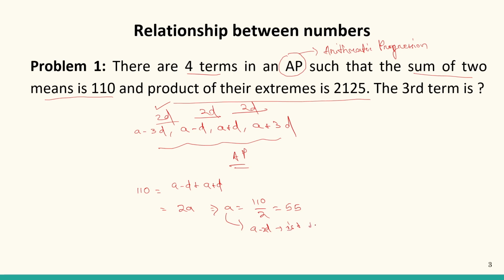So in order to evaluate the first term, we need to evaluate d. We are given that the product of their extremes is 2125.